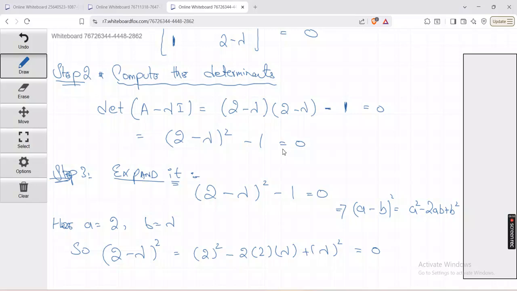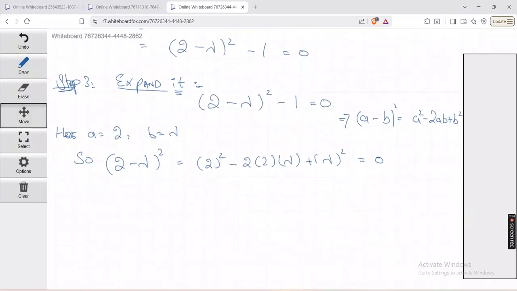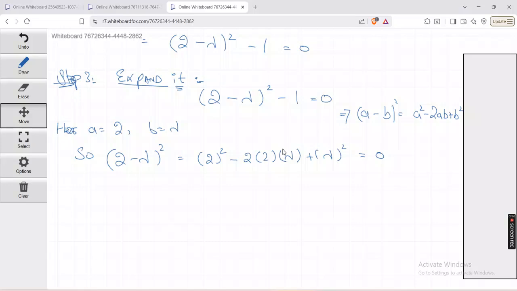Same, that's a square, this is 2 into a is 2, b is lambda, and plus b square, which is lambda square. So now simplify this equation. So this is 4 minus 4 lambda plus lambda square is equal to 0.